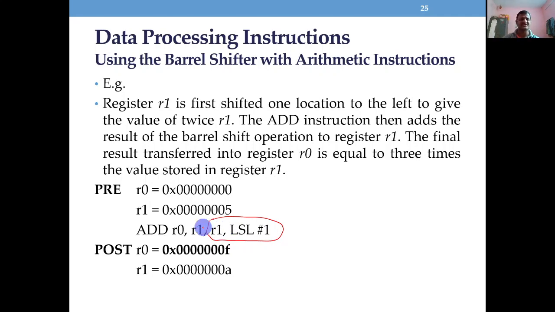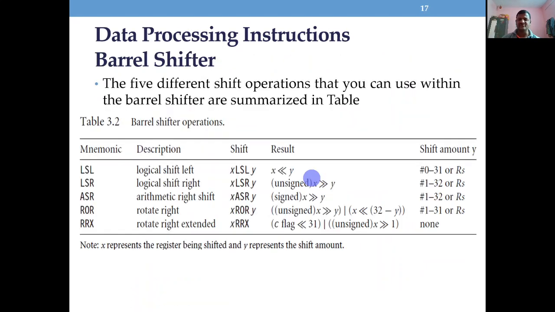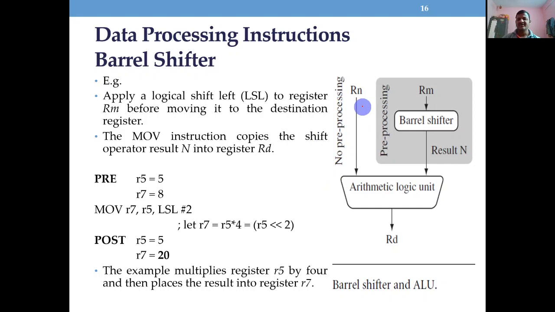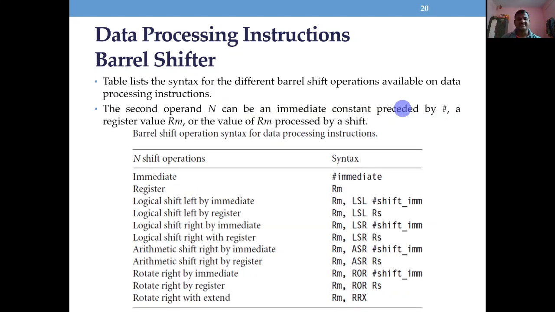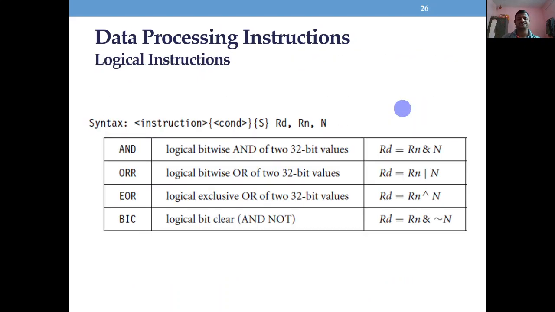But as you know, in the barrel shifter, why are the two operands the same? Because this is Rn and Rm; you are working only with two registers. Keep that in mind. So you can't add a third register. That is not supported by ARM7, but higher versions will support it.